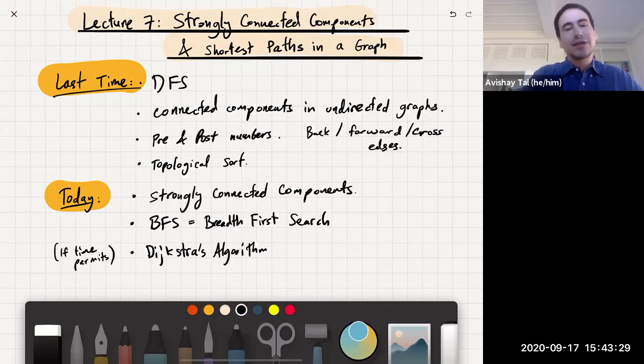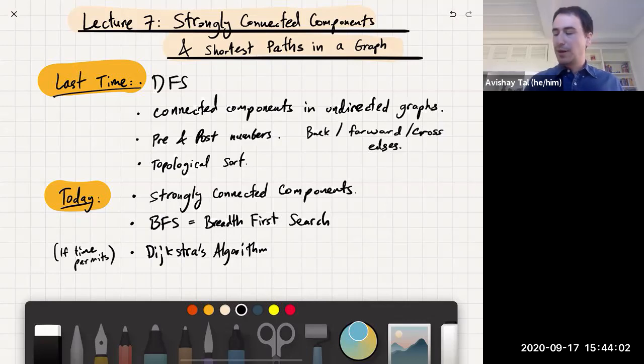This was sort of a silly algorithm because it just marked all vertices as visited by the end of the running time. But then we showed that you can adapt it slightly and get the connected components in an undirected graph. And this is already something interesting. It tells us how you can partition a graph into islands where each island is connected and there are no edges between these islands.